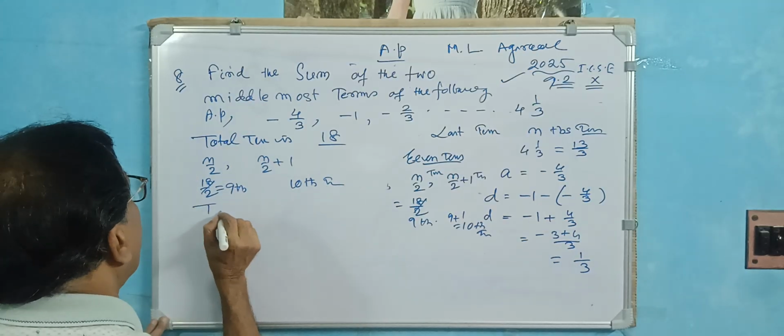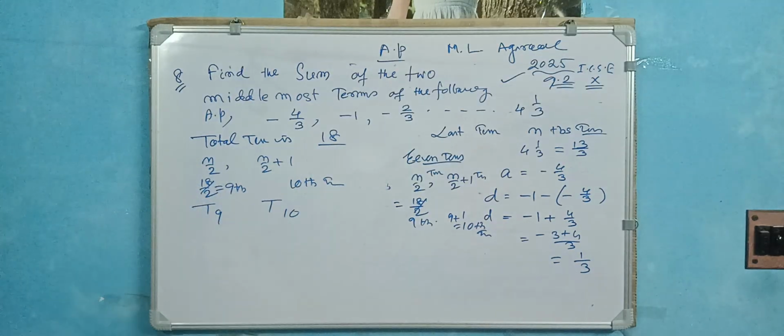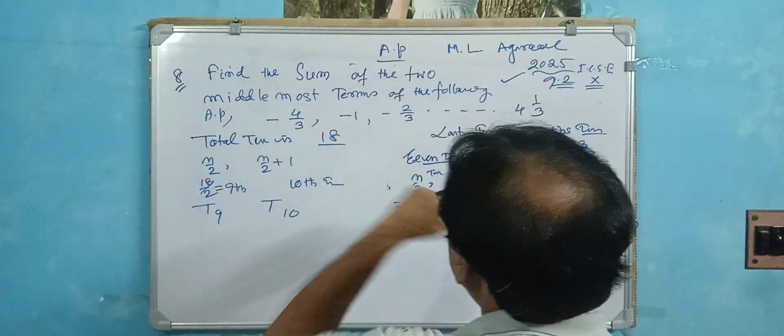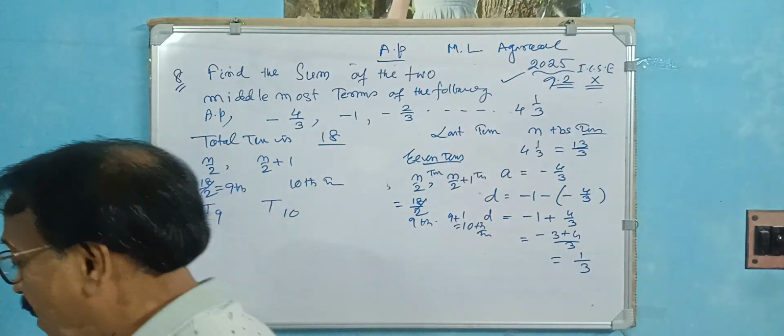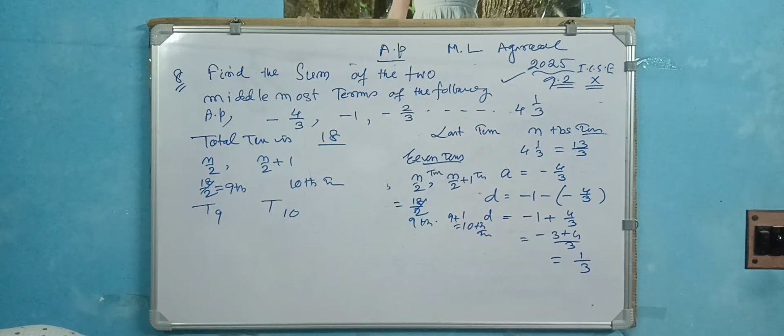Okay, so t9 and t10. Find the sum of these, so find the value of this.